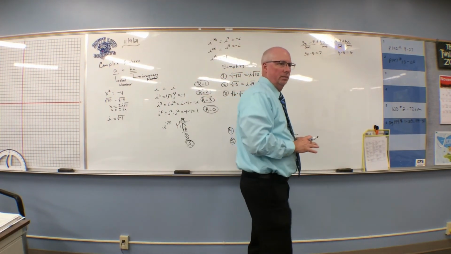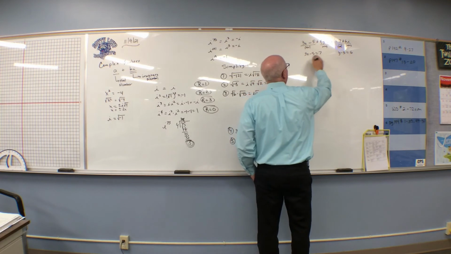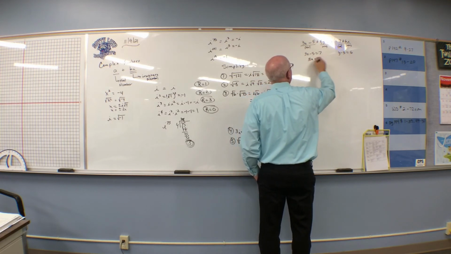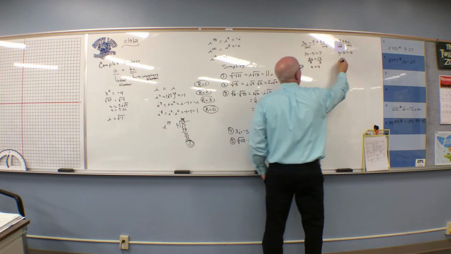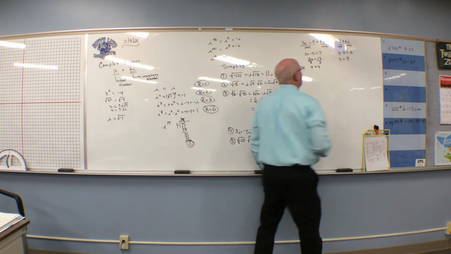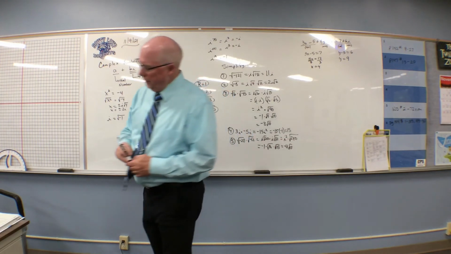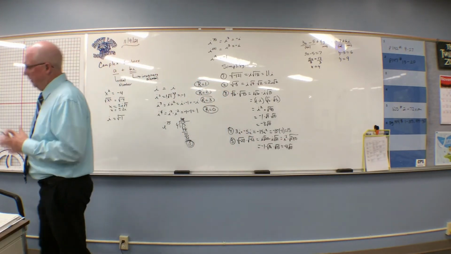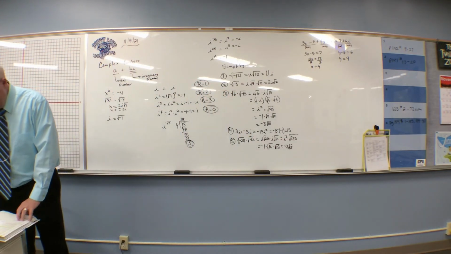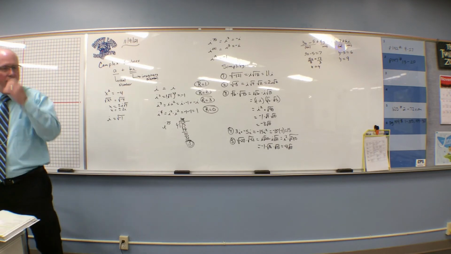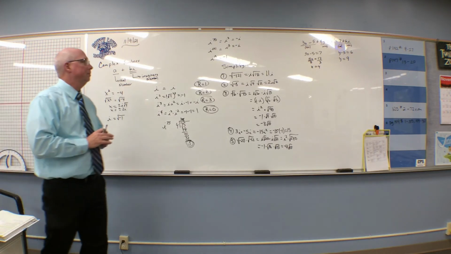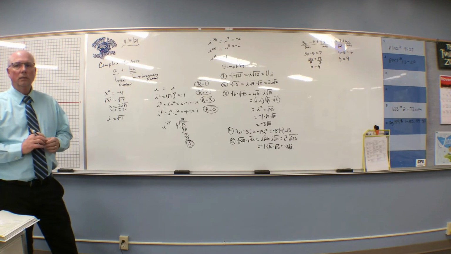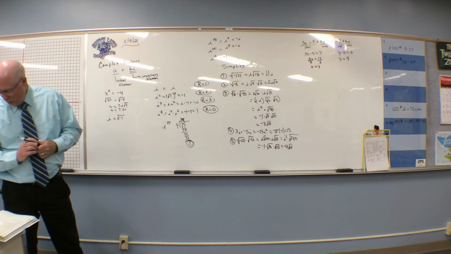I add 5 to both sides, which is 12, and divide by 3. I get x equals 4, and y equals 9. Do you understand it? If I set a complex number equal to a complex number, the real parts are equal and the imaginary parts are equal. Okay? Any questions so far?